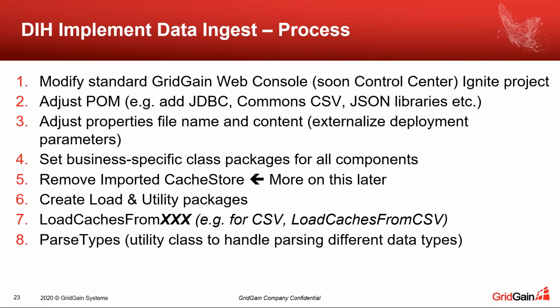You'd set business-specific class packages, and I'll show that a little bit later. You'd remove the imported cache store, because again, we're moving to using Ignite native persistence. We're not going to use a third-party cache store. We're going to create load and utility packages and create a class to load your CSV using the data streamer. And you might create, as we do in this example, some common utilities like a parse types utility class to handle the rules around parsing different data types and leverage that across your installation.